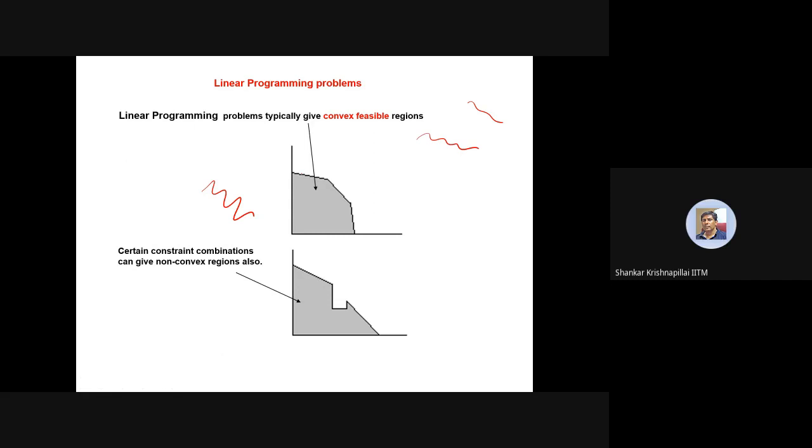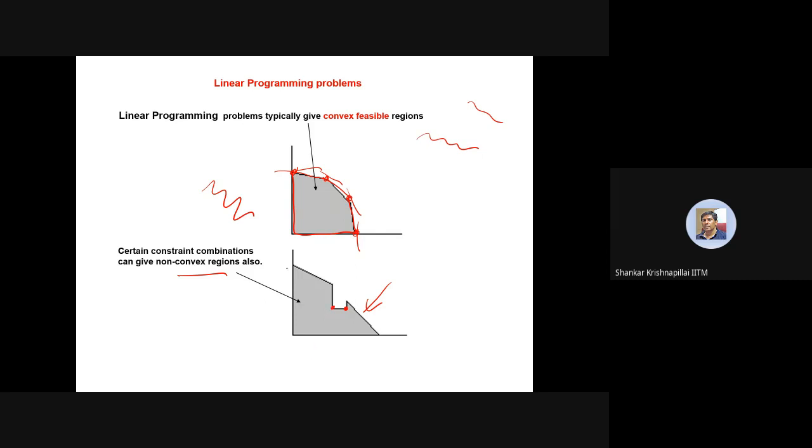So this is the typical polygonal feasible region of linear programming problems. Originally we studied that all these vertices are the solutions, because the objective function will just touch one vertex. If we use this type of algorithm for this non-convex polygonal region, then the algorithm will predict that these vertices are also solutions.